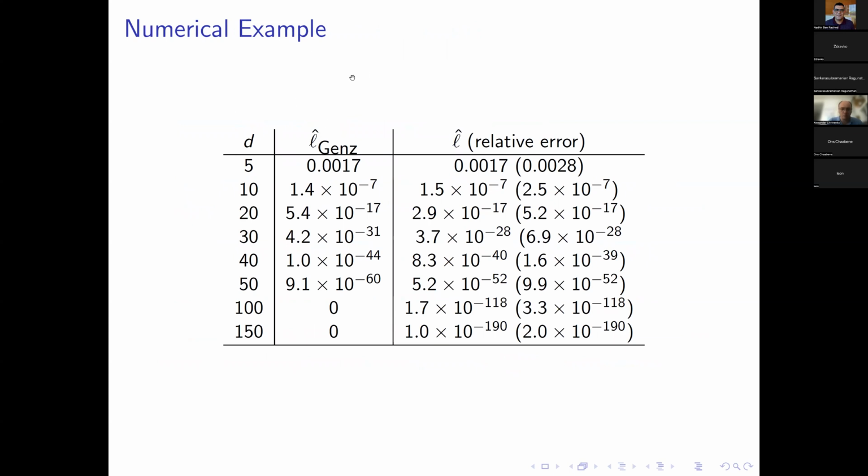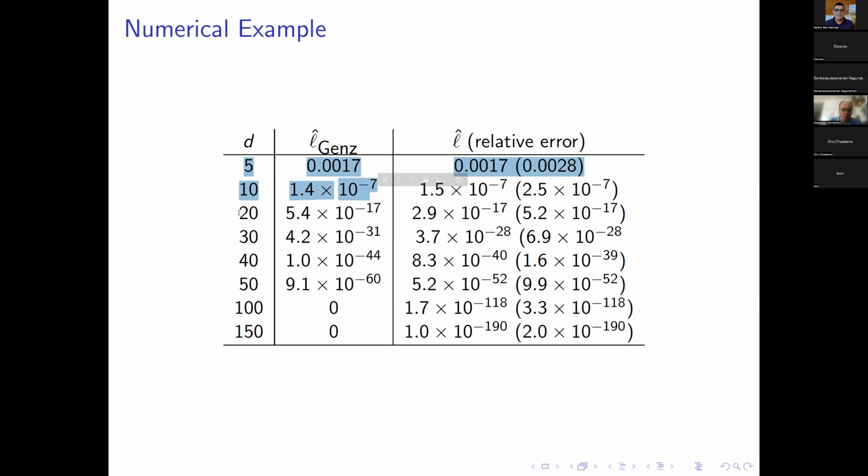I won't spend time describing the particular details of the example. This can be read in the paper. If you're interested, I can give you the paper with all the gruesome details. This is just to illustrate the fact that without importance sampling, we can only estimate these probabilities accurately for something like 10 dimensions.